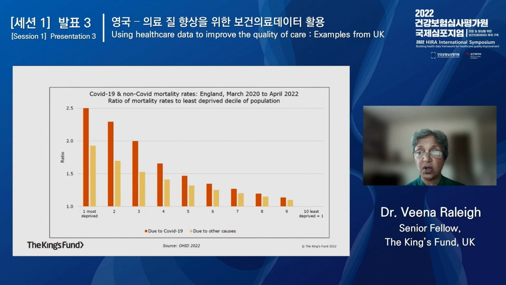And if you take that as one, you can see that COVID mortality in the poorest people is 2.5 times greater, that's the orange bar, than in the most affluent on the right-hand side. And that's a much steeper gradient than for non-COVID mortality. That is also higher in poorer groups, but the difference between most and least is much more acute for COVID-19. So COVID-19 has worsened health inequalities.